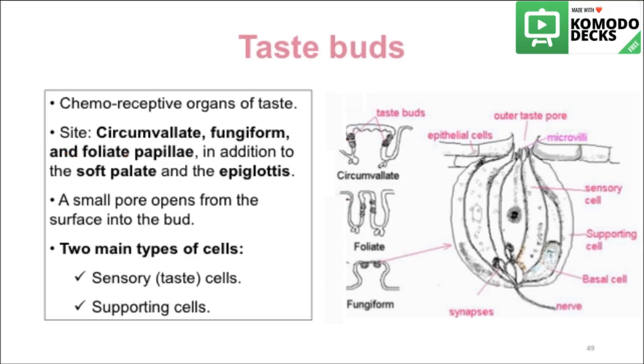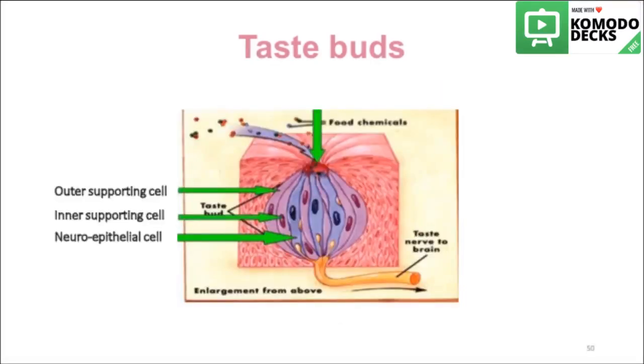They have 2 main types of cells, the sensory cell and the supporting cell, and an outside pore which opens to the surface into the bud. So these intraepithelial organs are barrel in shape. They have an outer surface that's covered by flat epithelial cells, enclosing a very small pore, which is called the taste pore.